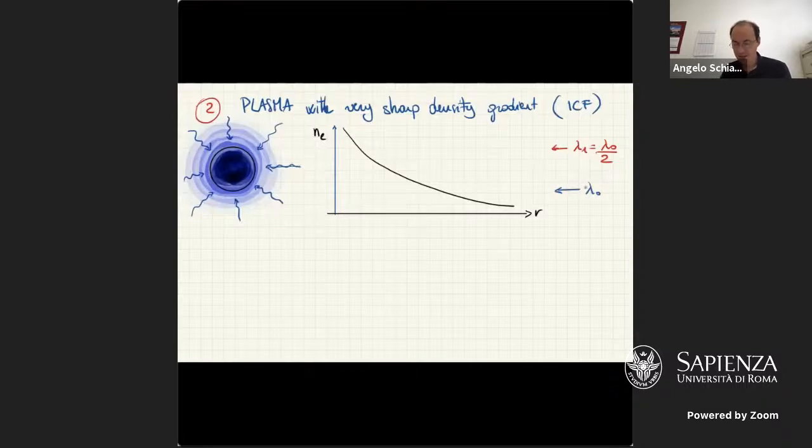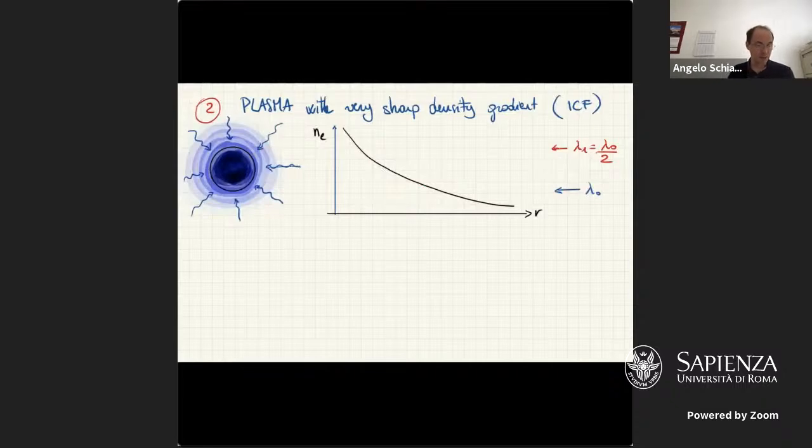But then, as the laser is entering the outer layers of the corona and the density is ramping up exponentially, we have to satisfy the propagation relation, telling us that we have a cutoff frequency, we have a cutoff in density, up to which we can propagate the laser.